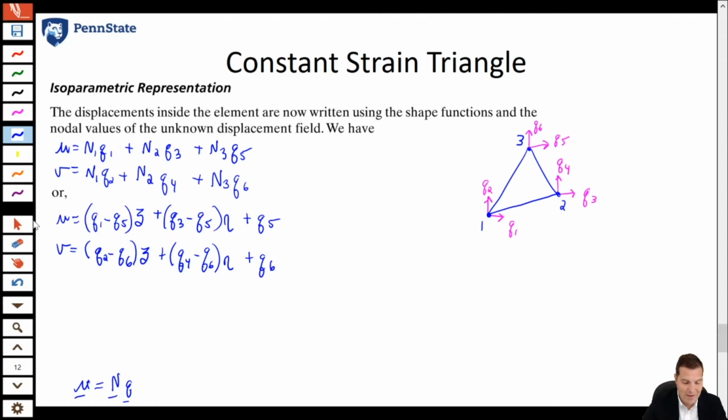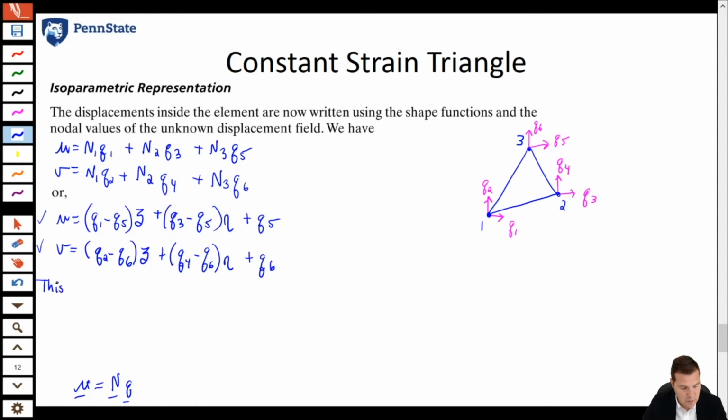So make a matrix with all the psi and eta values, rearranged in a way that when it multiplies by the Q vector, Q1 through Q6, it gives us these values back. If you play that trick with linear algebra, you can write an N matrix that gives you that. And it looks like this.